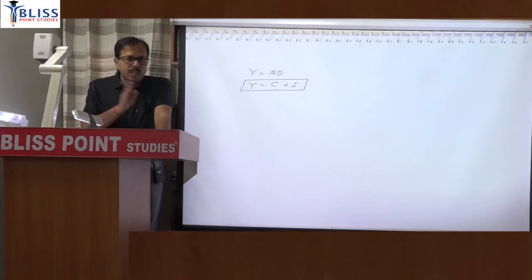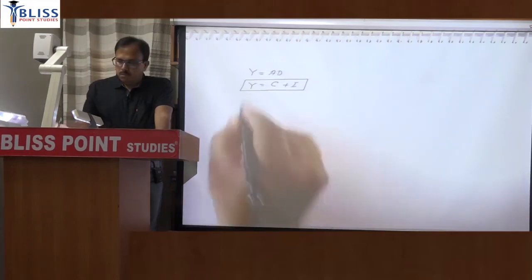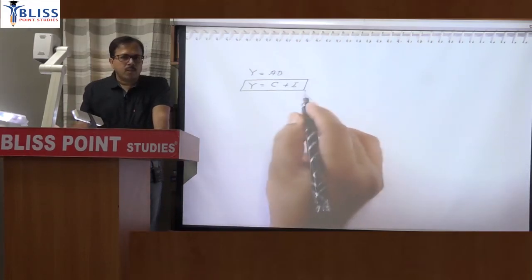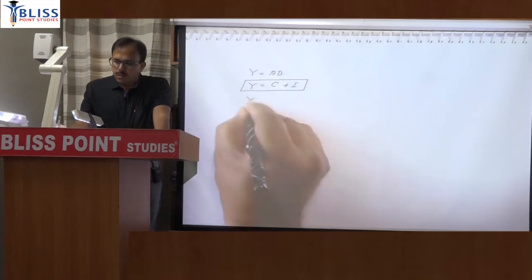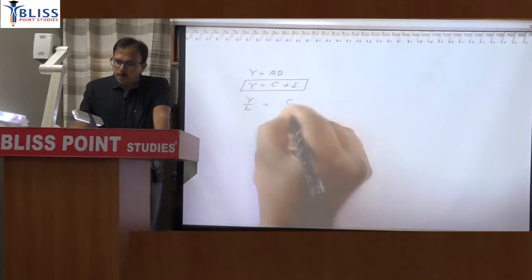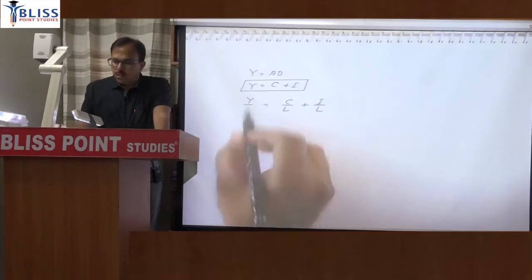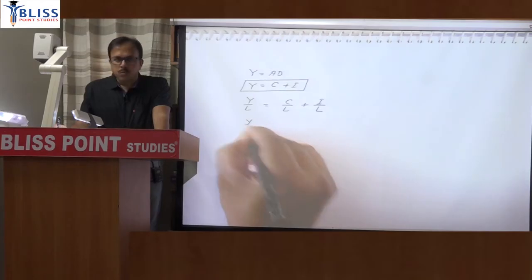Now this is aggregate, and we have converted the supply side, that is the production function, in terms of per worker, per capita. So this will also be expressed as per worker or per capita. So Y by L equals C by L plus I by L. Y by L is output per capita, so small y.